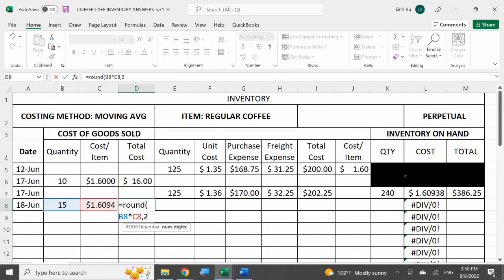So if I used 15 pounds at 1.6094, how much is my total cost of goods sold? How much did it cost me in grand total to use those 15 pounds of coffee?